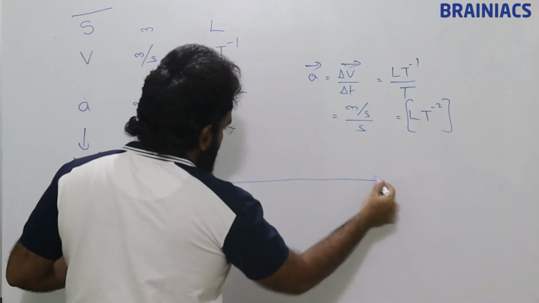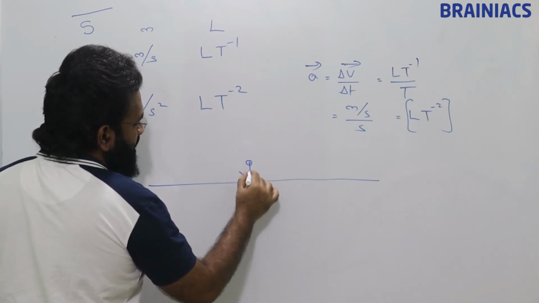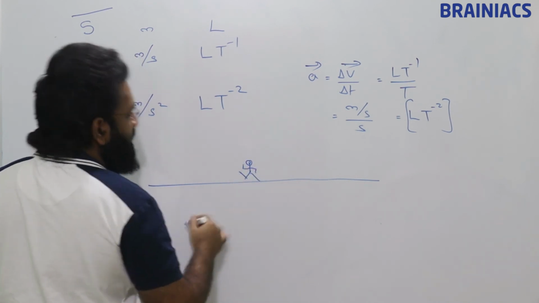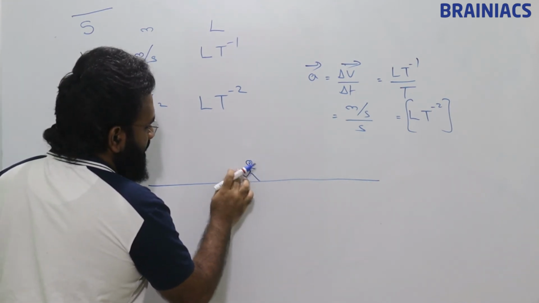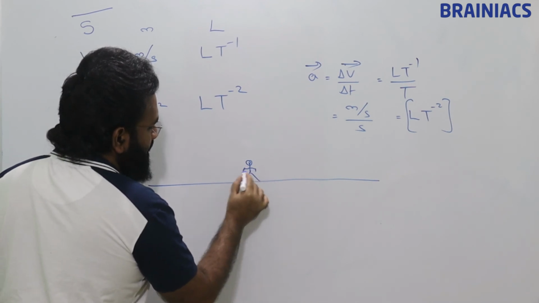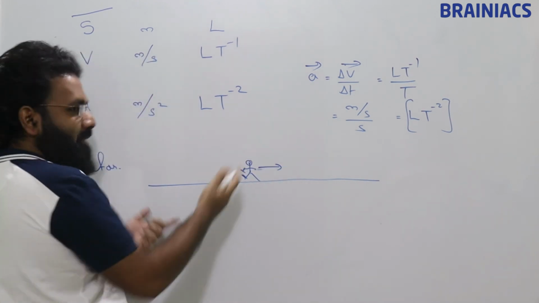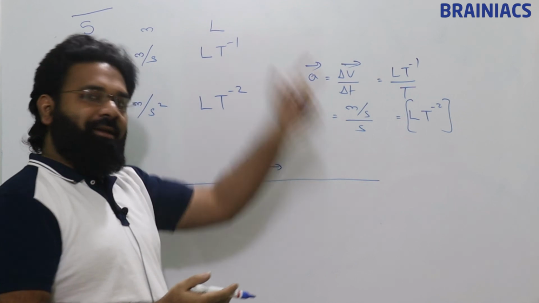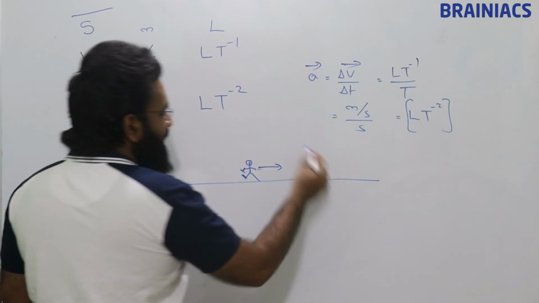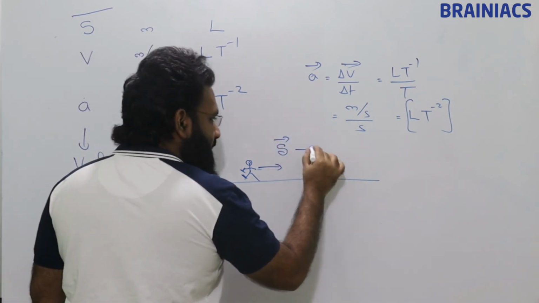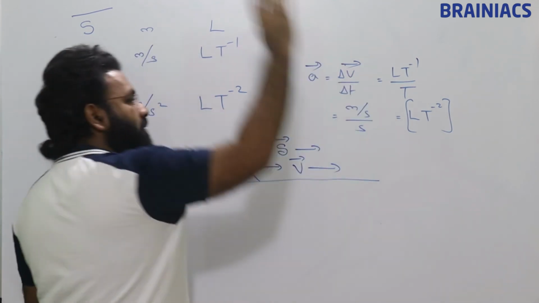Suppose this is a path, and someone is running in this direction. I'm not that good in drawing. So if he is running in this direction, the direction of displacement is also that direction. Direction of velocity, that is also that direction.